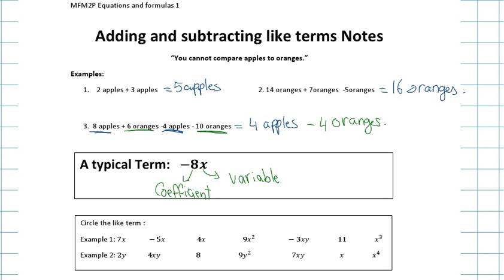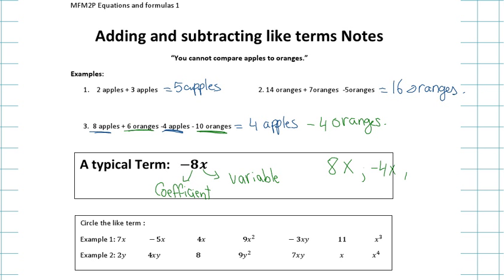So, if you're looking at this, give me a like term to negative 8x. What would be a like term? Positive 8x. Okay, so 8x is a like term. Give me another. Negative 4x. Right? What do we call these like terms? Why are they called like terms?